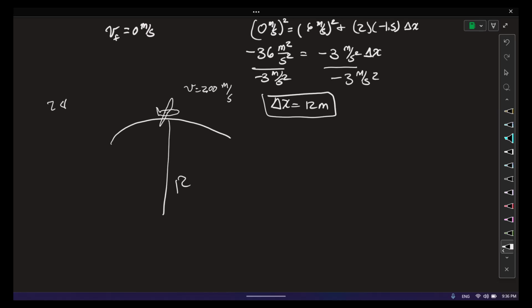This is number 28. 29. At the top of its path, the passengers experience weightlessness. To one significant figure, what is the value of r?